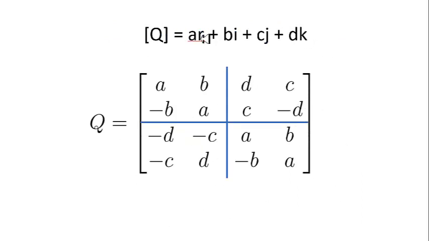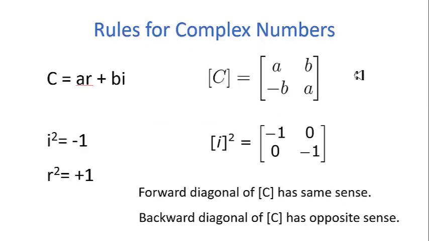So this is the complete Quaternion matrix, analogous to the complex matrix, which we saw up here, right? It's just a little bigger, it's got more elements, but it is essentially the same.